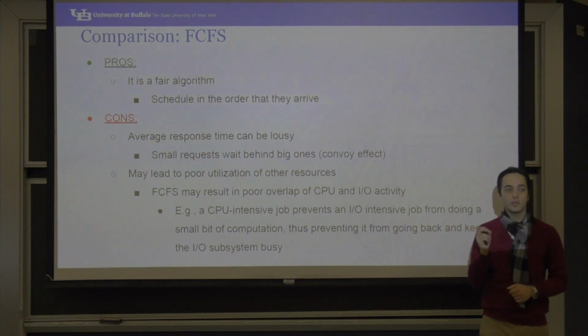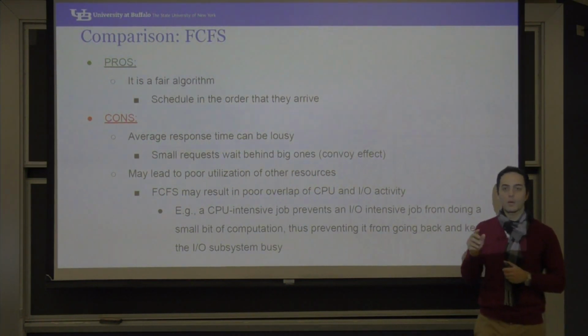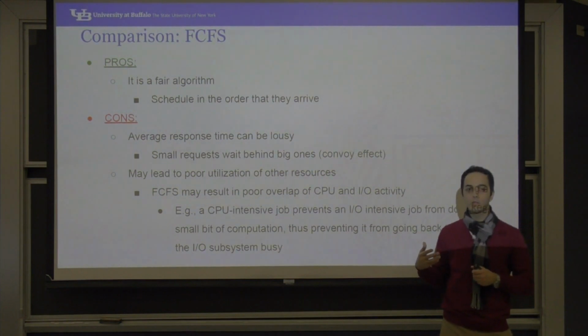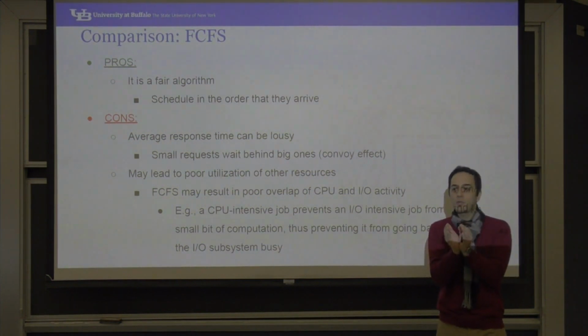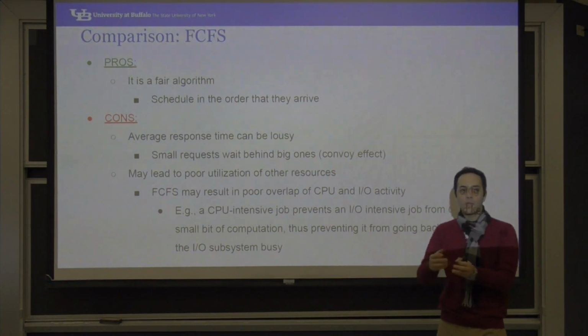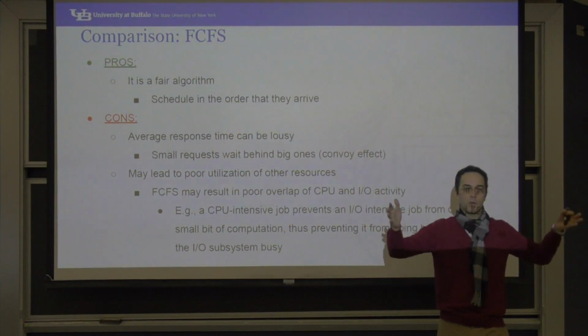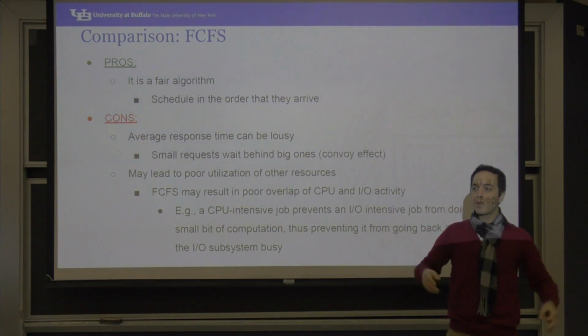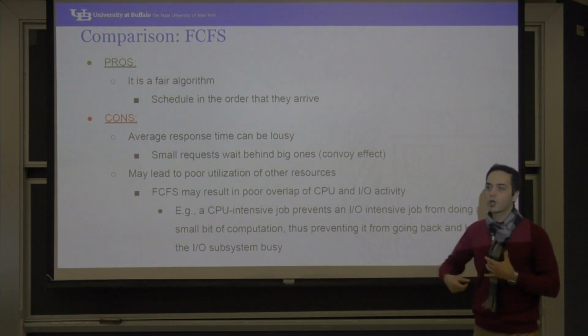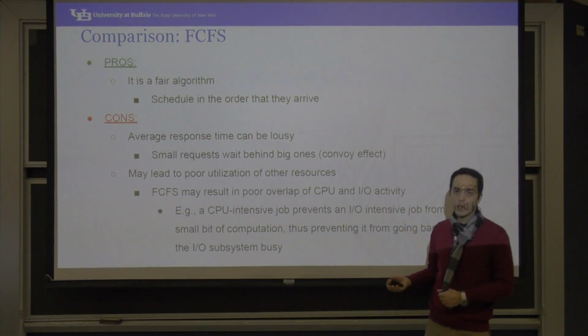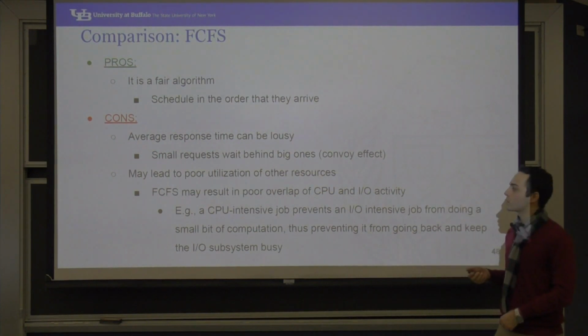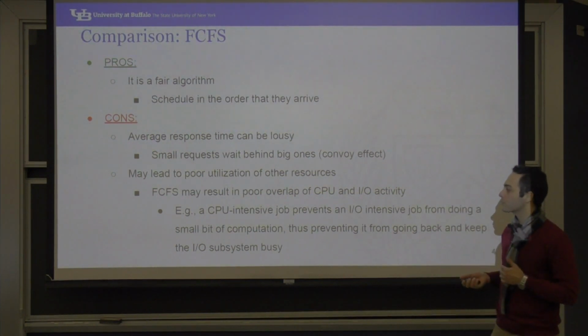Remember, maybe the short burst processes are I/O intensive, right? So they might need a little bit of time in the CPU until they wait for an I/O, and basically keep the I/O busy, right? But you're now stuck behind a huge process on the processor and not using the I/O, right? So that's not good. That's not utilizing your resources smartly.